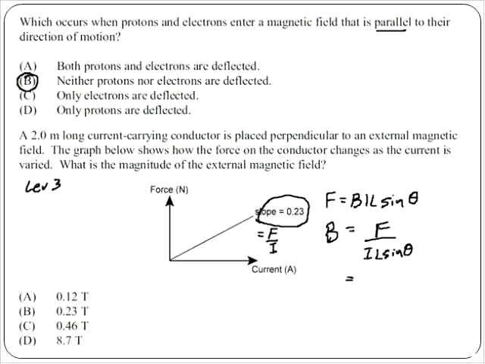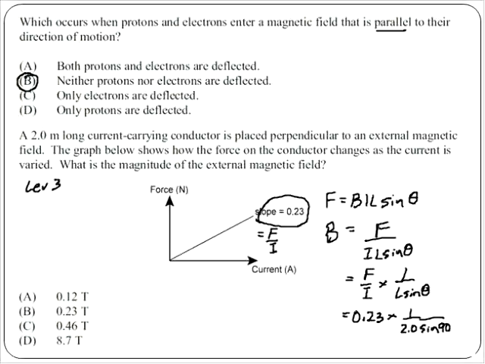So here's what I do. I'm going to say that's the same thing as saying F over I times 1 over L sine theta. So F over I is 0.23 multiplied by 1 over 2.0 times the sine of 90. And remember, the sine of 90 is 1.